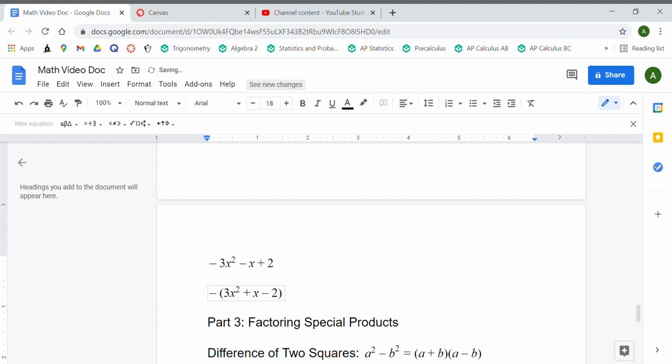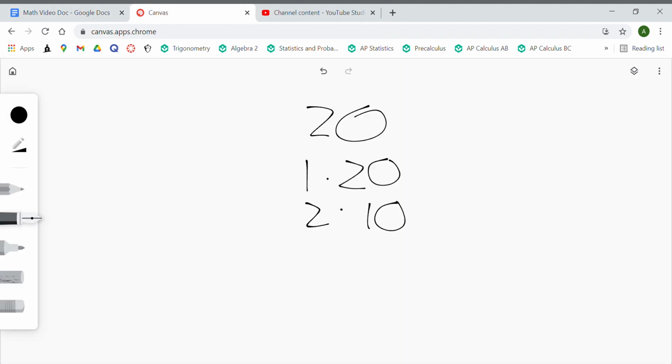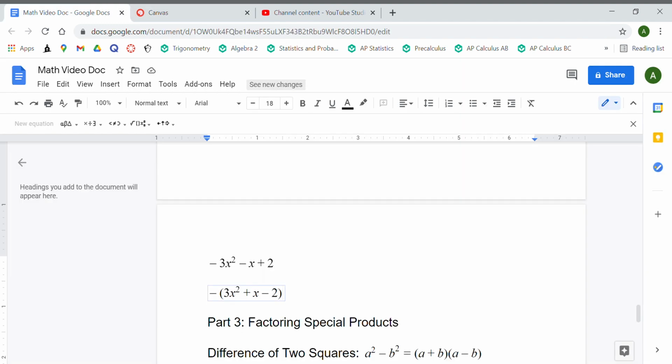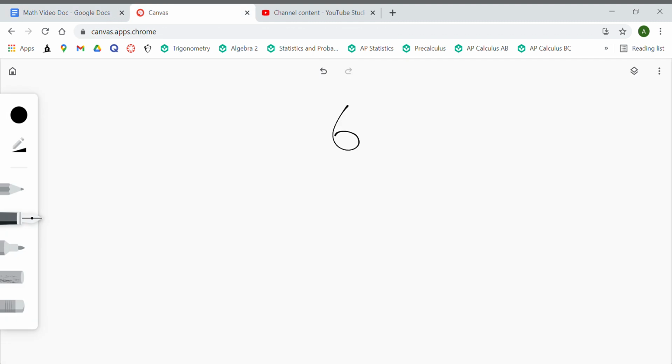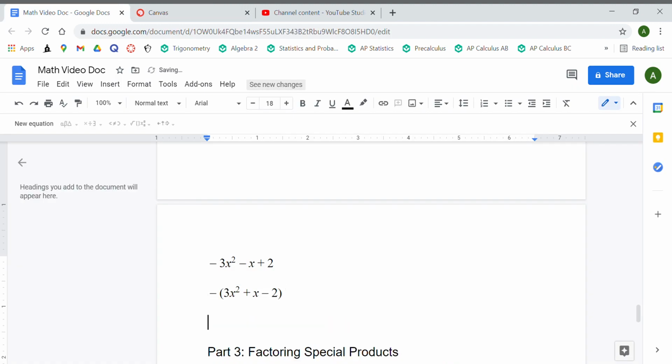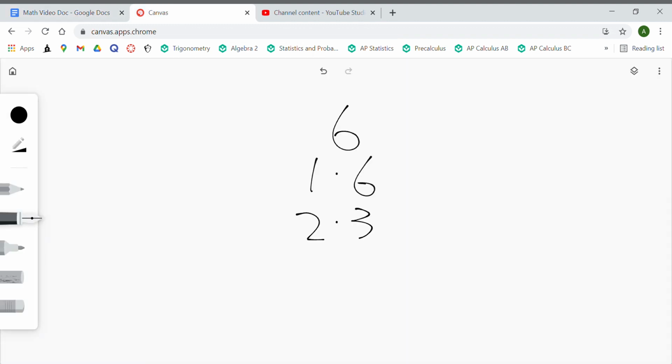All right, now we take a times c. That's going to be 3 times 2 equals 6. We're looking for the factors that add to 1. So 1 and 6, 2 and 3. 2 and 3, 3 minus 2 is 1. It's a minus because that c value is negative. Now I group terms. So what are the factors we choose again?